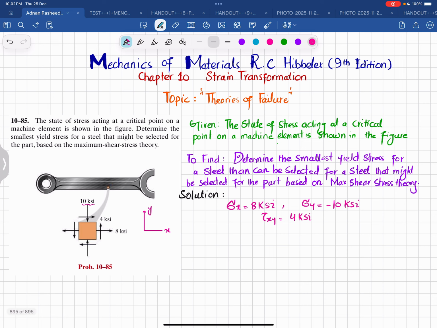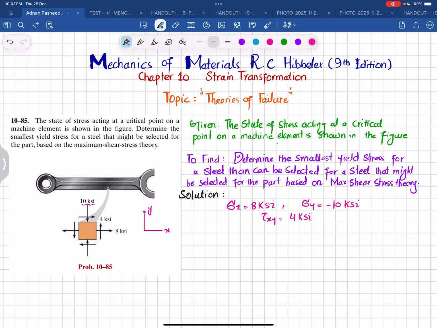Why is it plus 4 ksi? You can see this shear stress is acting on the x plane, and the shear stress is in the positive y direction, that is why this is a positive value.